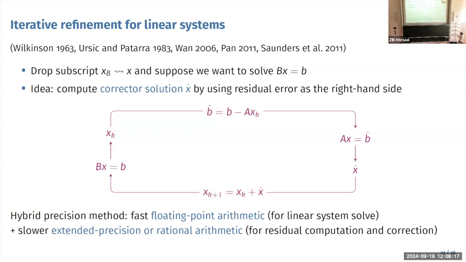For the things where we use high precision, we don't have such expensive operations. We just have a matrix vector multiplication, which is much simpler than solving a linear system of equations. So you do the difficult thing in fast arithmetic and the simpler computations in slower extended precision arithmetic. You could even use exact arithmetic, but that may be too slow for some.